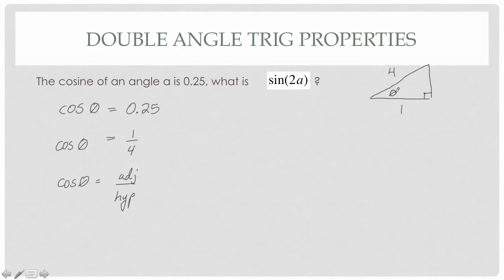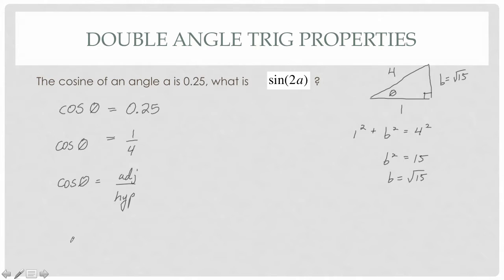I don't know what the angle is, but I know the adjacent side divided by the hypotenuse has to be 1/4. And if I know that, I can solve for my unknown side by using the Pythagorean theorem. 1 squared plus my unknown side b squared should equal 4 squared. 4 squared is 16, so really b squared is 16 minus 1, 15, which means b equals the square root of 15.